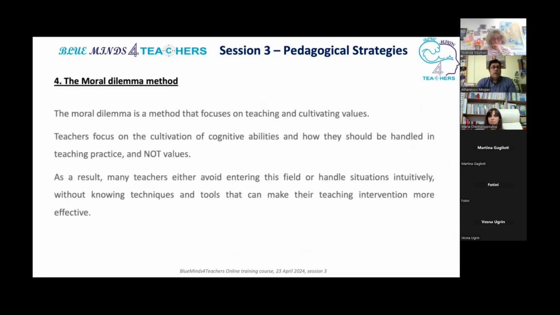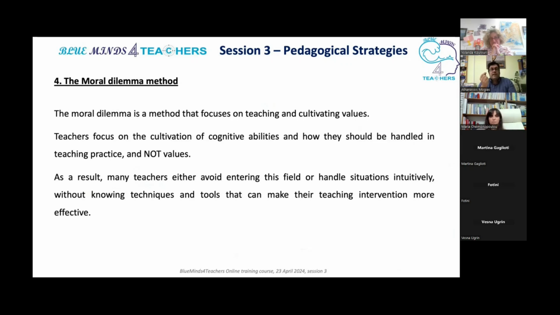Moving on to the next strategy, which is the moral dilemma method. Well, the moral dilemma is a method that more or less focuses on teaching and cultivating values. But values is something very difficult as a notion to the teacher.